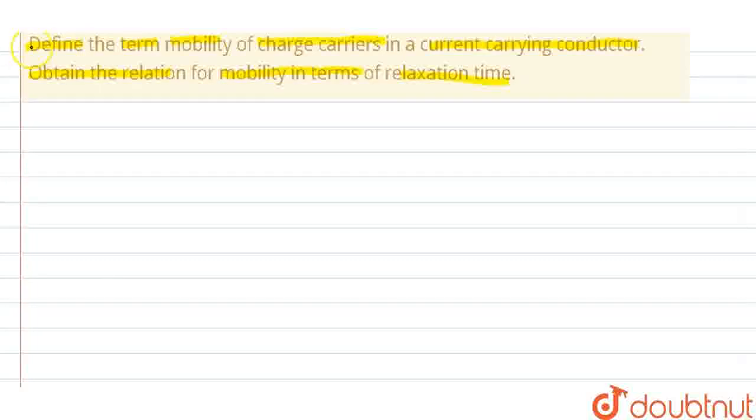The mobility of charge carriers in a current carrying conductor can be defined as the net average velocity with which the free electrons move towards the positive end of a conductor under the influence of an external electric field that is being applied.